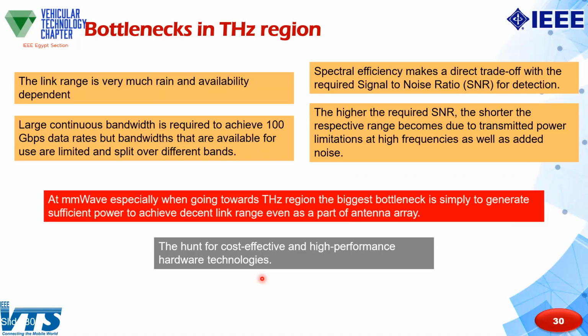So we are talking about massive MIMO systems, or IRS, intelligent reflecting surface, acting as a virtual amplifier to compensate the attenuation caused by the huge frequency range, but in order to make it look like the millimetric wave coverage plan. So we are talking about how we could achieve cost-effective as well as high-performance hardware technology.